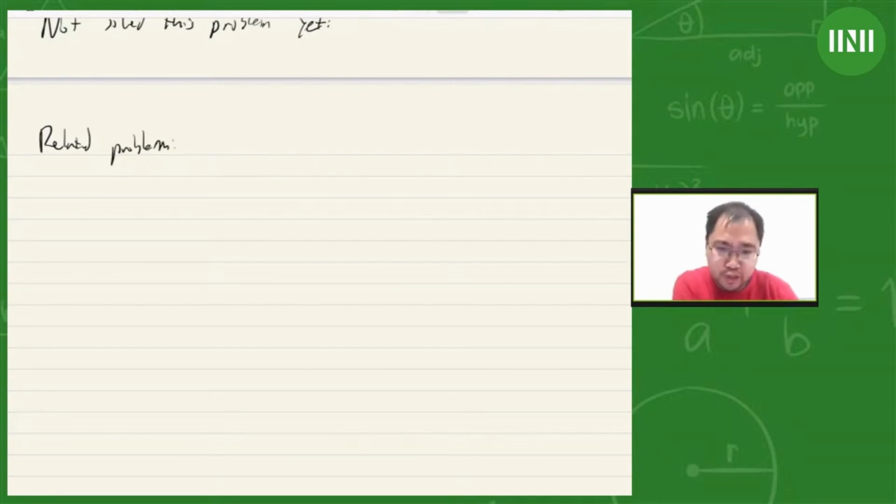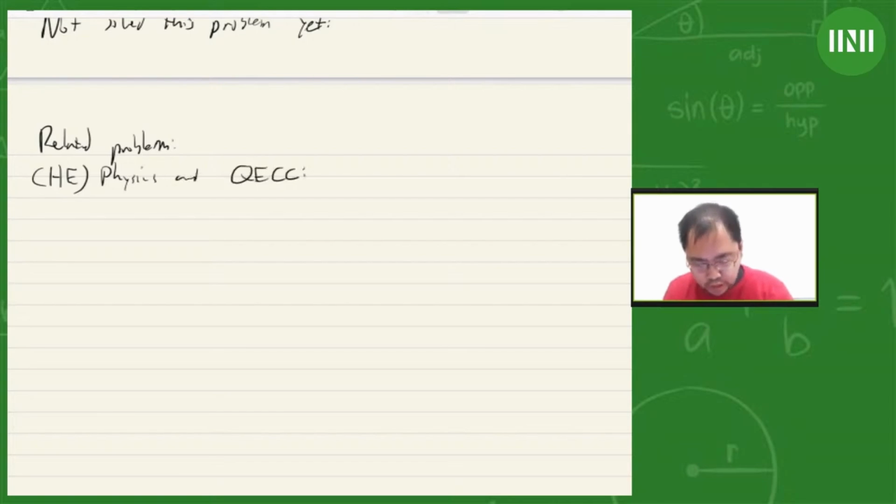Related problem that we've looked at is to make another connection between high energy physics, or I guess just physics, and quantum error correction via superselection sectors.